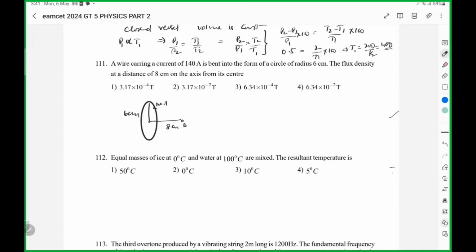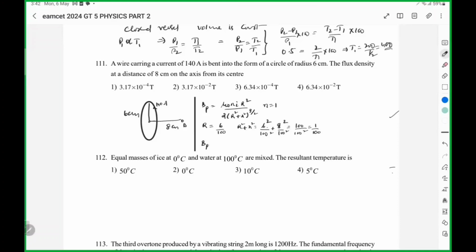At this point, magnetic field is mu naught N i R square by 2 times R square plus X square power 3 by 2, where N is 1 and R is 6 by 100. R square plus X square is 6 square by 100 square plus 8 square by 100 square, which is 1 by 100.